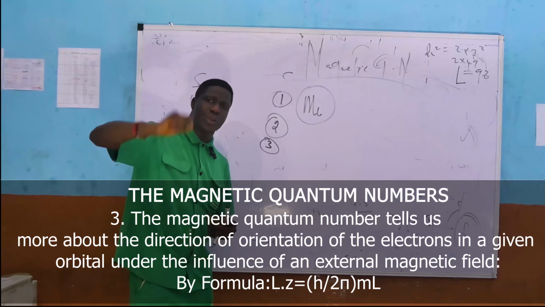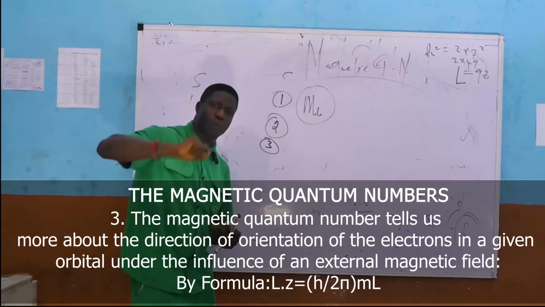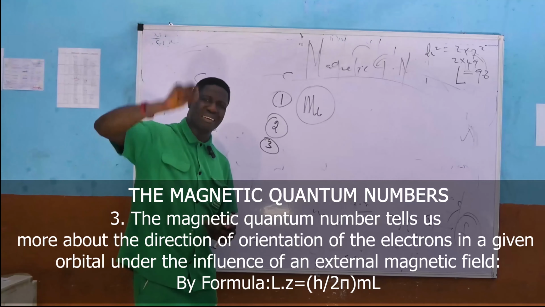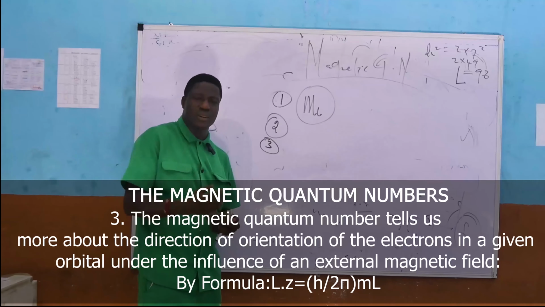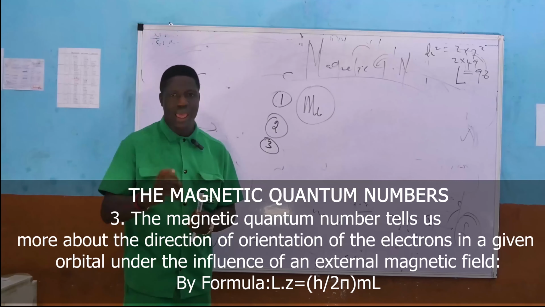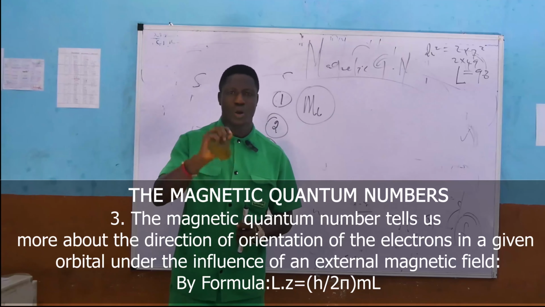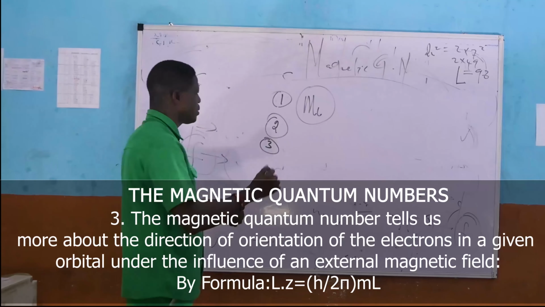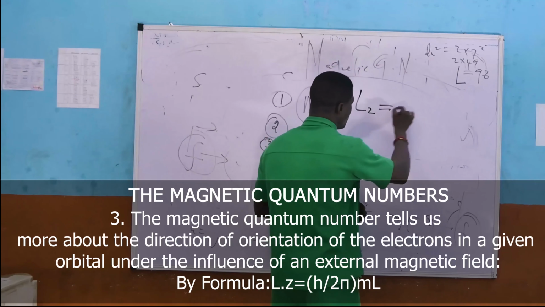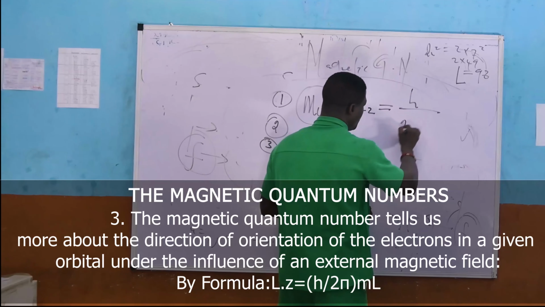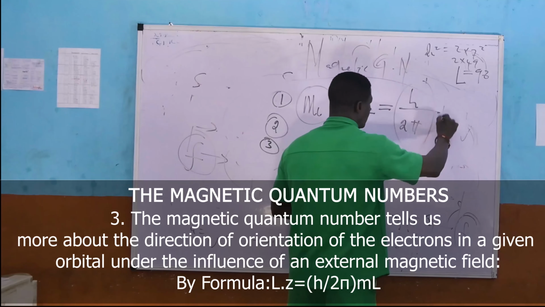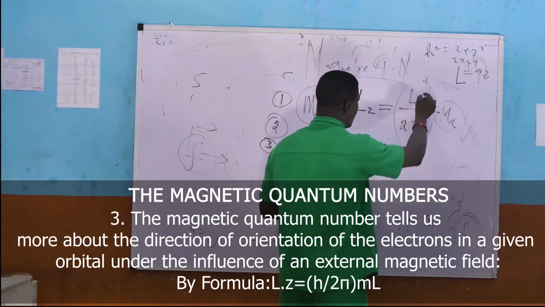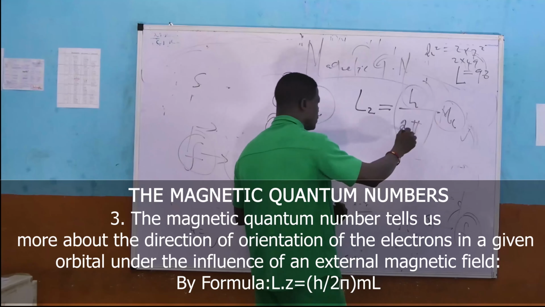The direction of orientation of the atomic orbital in space can be obtained with the knowledge of the magnetic quantum number. There is a formula for calculating Lz: Lz is equal to (h over 2 pi) times m sub L. Here m sub L is the magnetic quantum number, h is known as the Planck constant, and of course this is 2 pi.